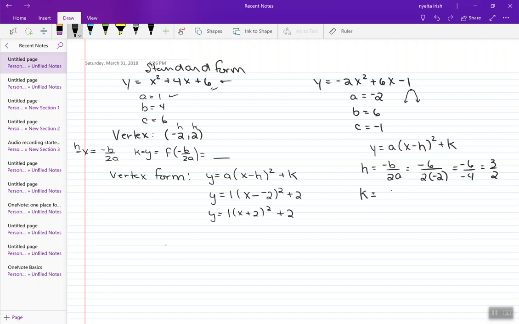To find k, I plug the 3/2 back in for x and get the y value out, or we call it now k. And then you can either do it by hand or use your calculator.